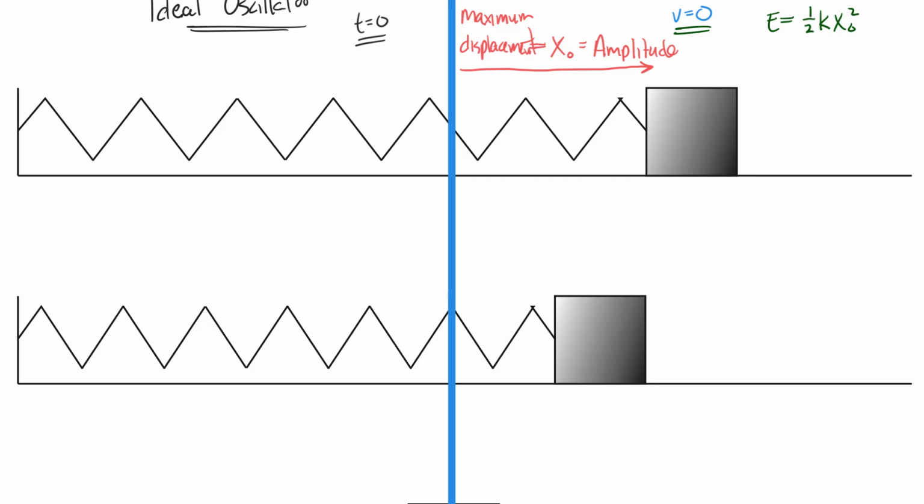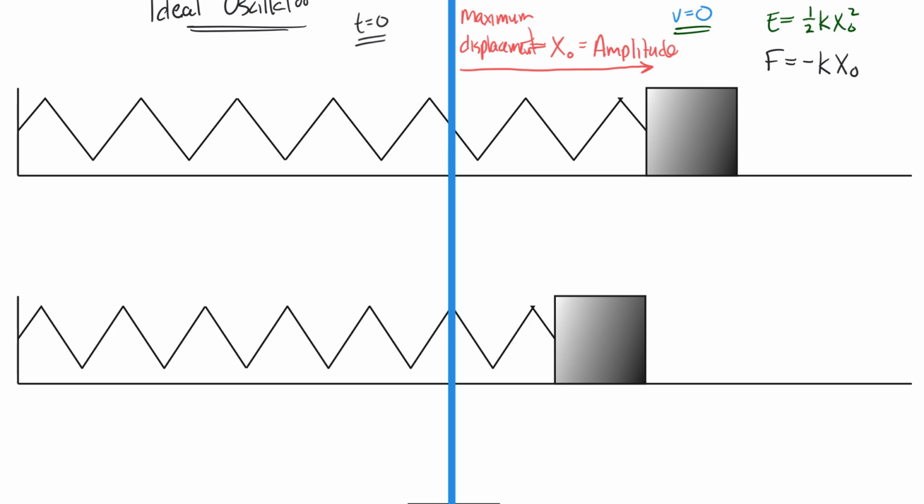Now, there is something important about this point. At this moment, we are at maximum displacement. The force on the object is based on Hooke's law. And in Hooke's law, it's k times x, but in this case, it's x naught.